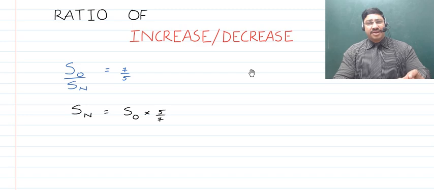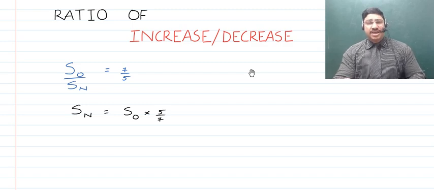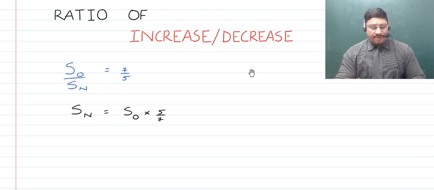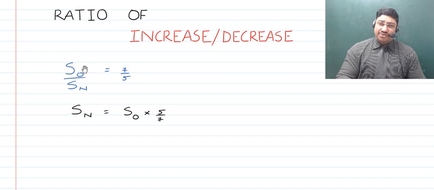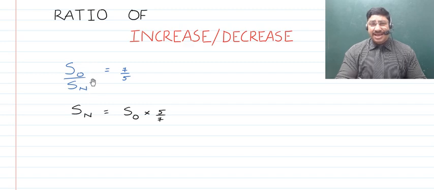That is the reason why a ratio does not have any dimension, which you will study in higher physics, written for mass M, length L, and time T. So there is no MLT, in other words it is not going to have any unit. When we talk about the ratio of salaries, they are in some currency like rupees, dollars, etc. That gets cancelled from the numerator and the denominator, so the ratio won't have any unit.